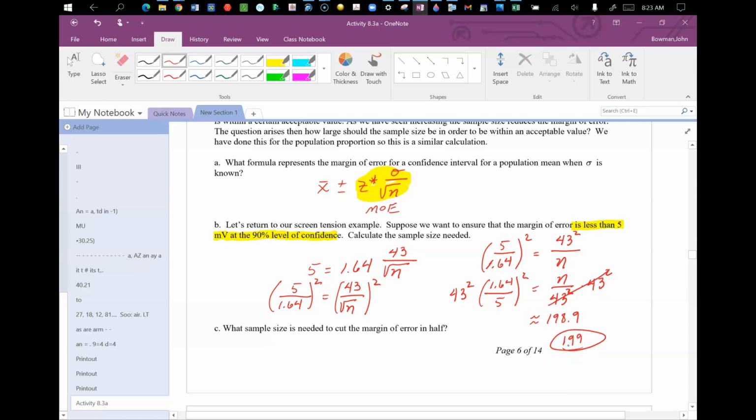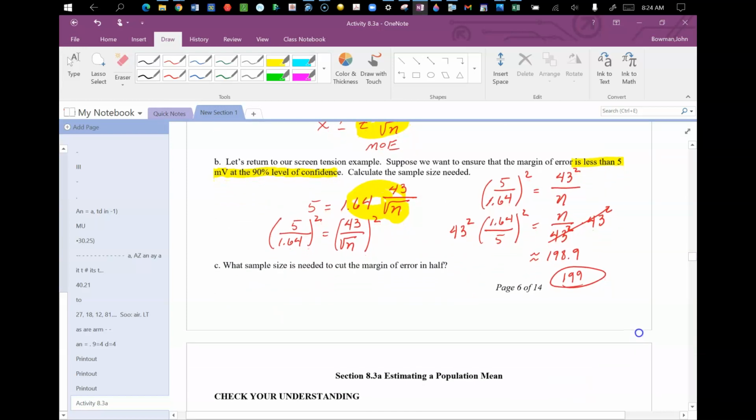And you can go back and verify that by plugging that into our original equation for n and making sure that the right-hand side is going to be slightly less than 5. Again, always round up. Even if the number that you got doesn't technically round up, for example, if we had gotten 198.1, you would still round up to the next highest number.